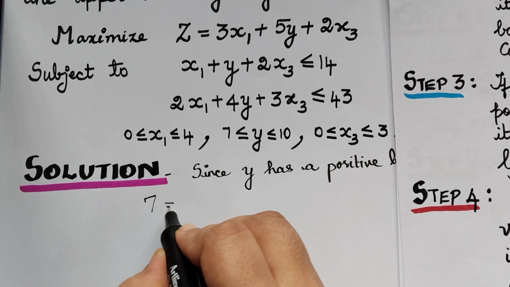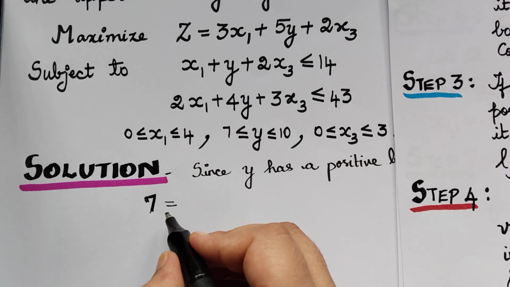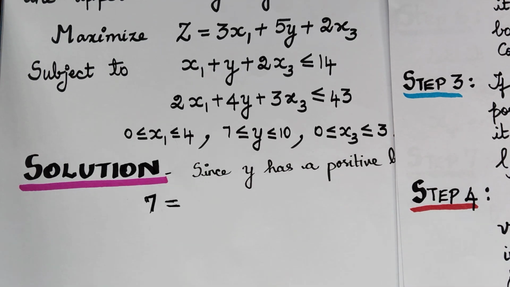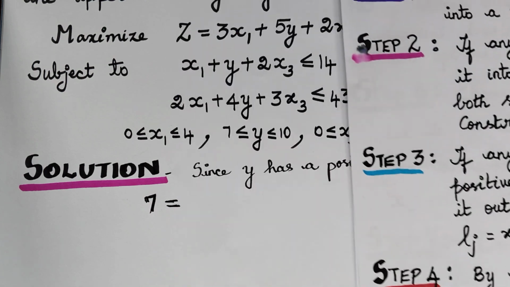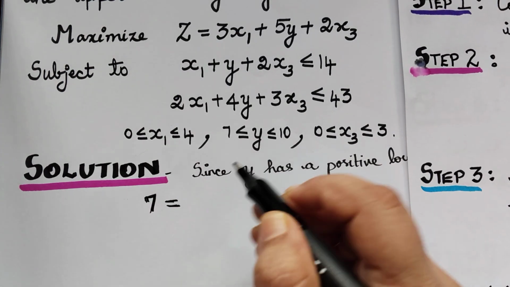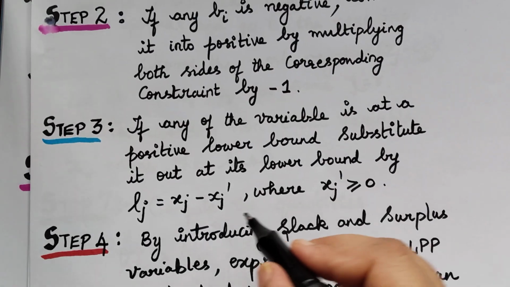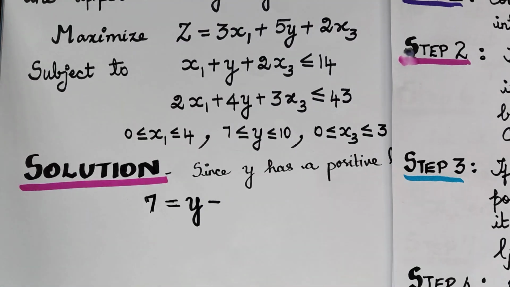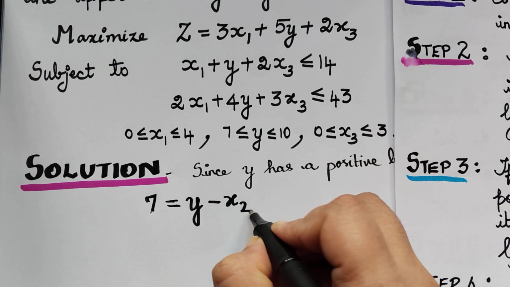Then that is equal to, so the substitution has to be made in such a way that 7 is equal to, xj is the variable that is given in the problem. What is the variable that is given here? y. Minus, we have to introduce another variable. Since we are having x1, x3, I am going to introduce a new variable x2 over here.